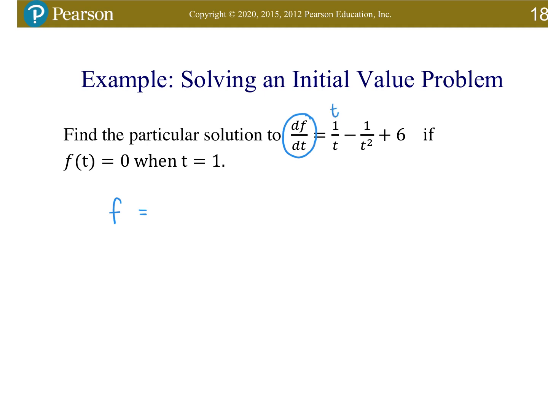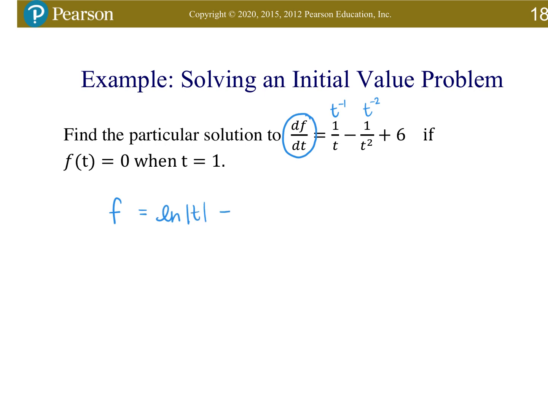T to the negative 1. And the next one will turn into t to the negative 2. What happens to t to the negative 1 when you add 1 to its power? It gets to 0. What's that a special case for? So this is the natural log of the absolute value of t.